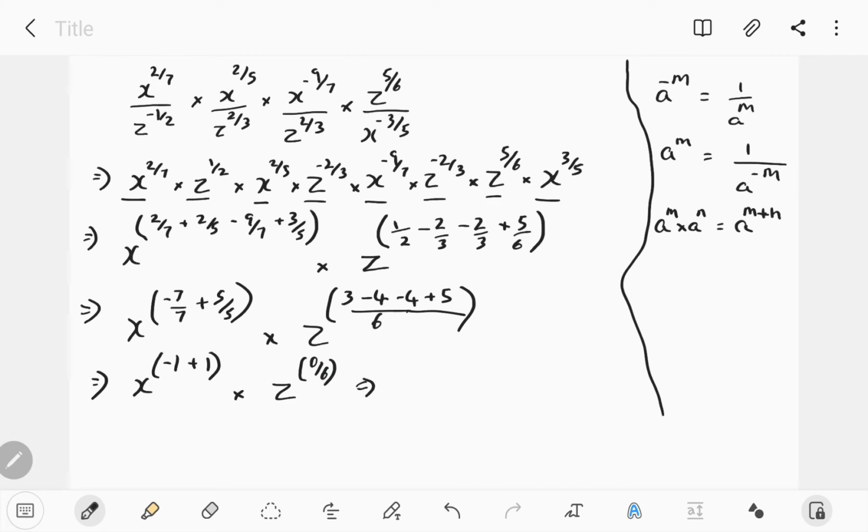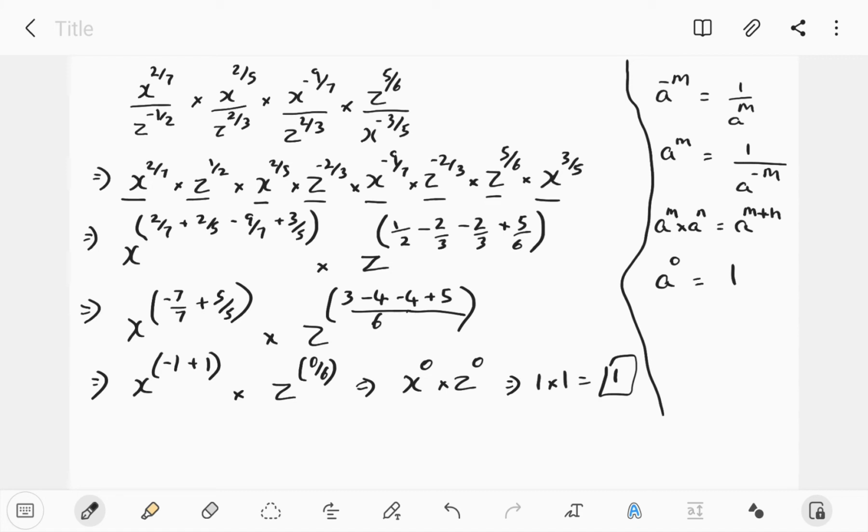So this is nothing but plus 1 minus 1 will also become 0, x power 0 into z power 0. 0 by 6 is 0. Any base raised to the power of 0 would give me the answer 1. So x power 0 is 1 multiplied by z power 0 is 1. It gives me 1 as the final answer. Final answer is 1.